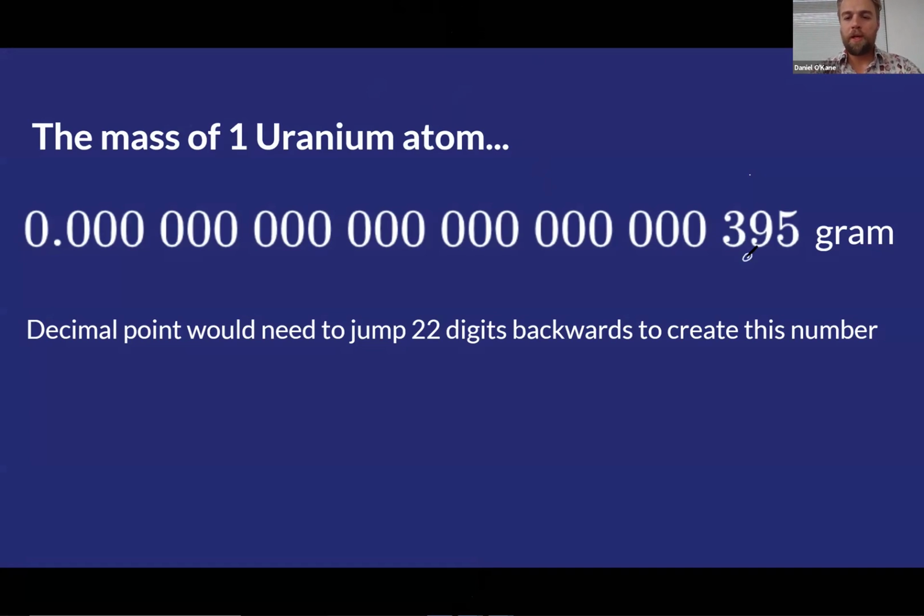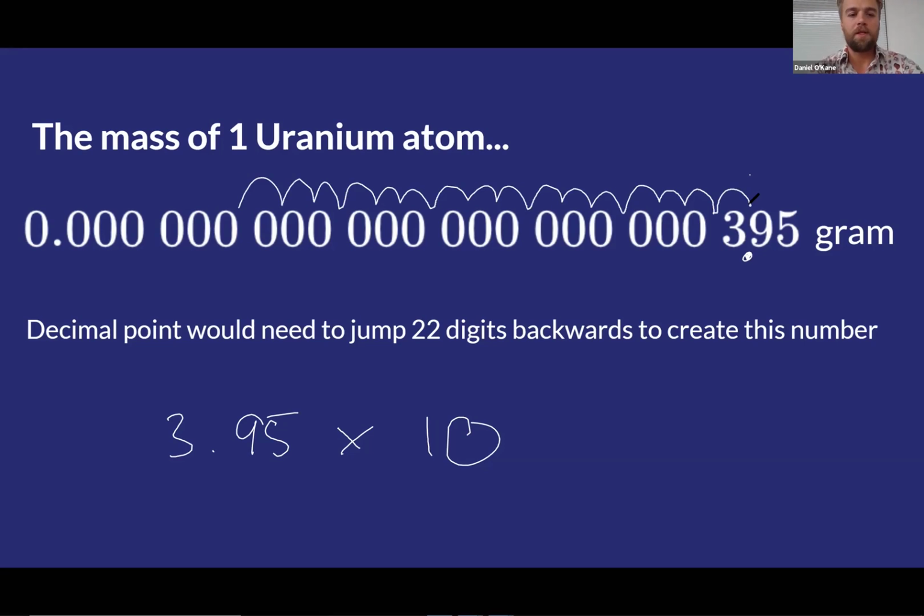My decimal point would have to be here at 3.95 so that I have a number between 1 and 10. And then, so how many times does this have to jump backwards? 1, 2, 3, 4, 5, 6, 7, 8, 9, 10, 11, 12, 13, 14, 15, 16, 17, 18, 19, 20, 21, 22. So 22 times, that's how I got this.